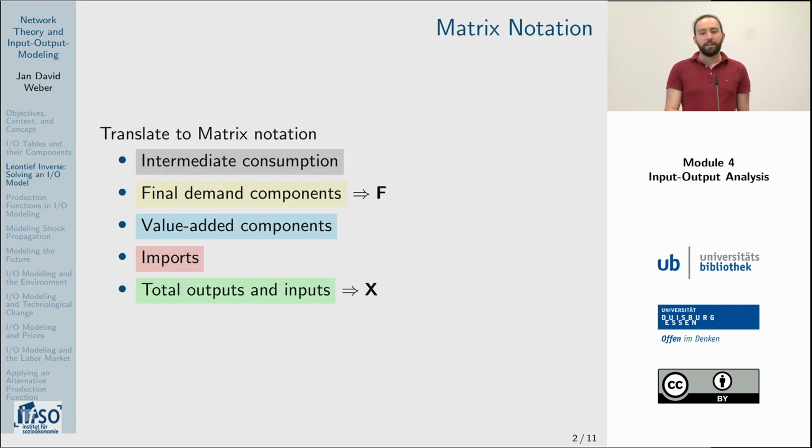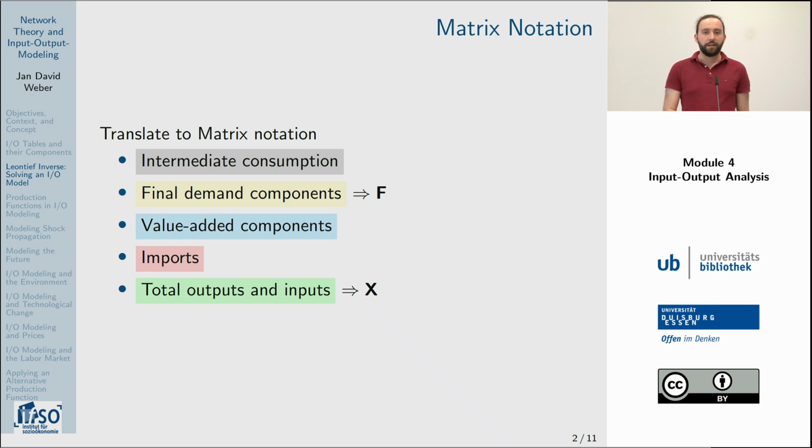We have there the intermediate consumption, which is the set values, the sector 1 to 3, the good flows between them. We have labeled that in gray. Then we have final demand components. This is F labeled. This is all the stuff that leaves the economy. You recall household consumption, governmental consumption, all that stuff.